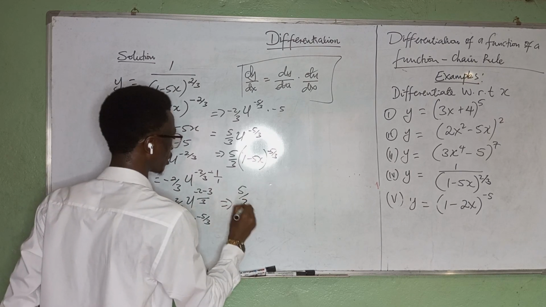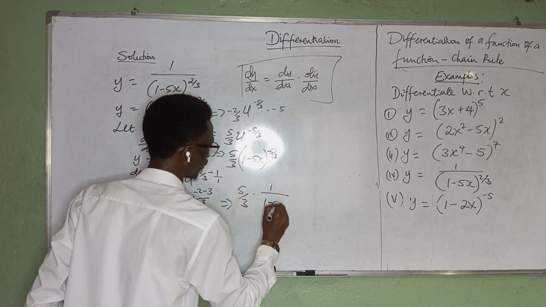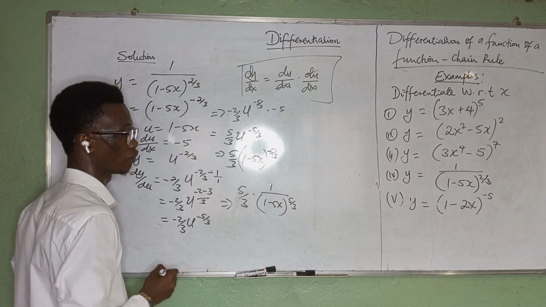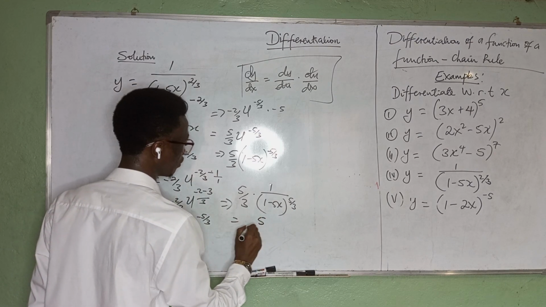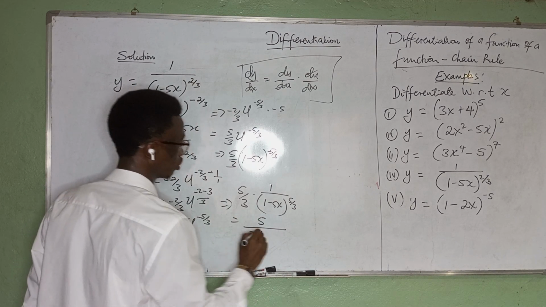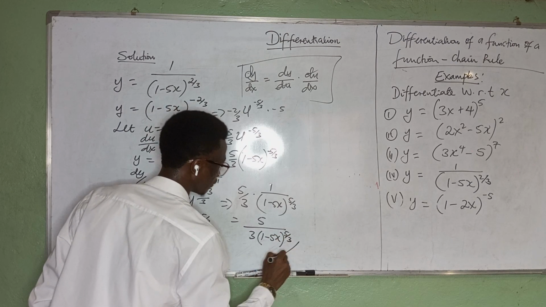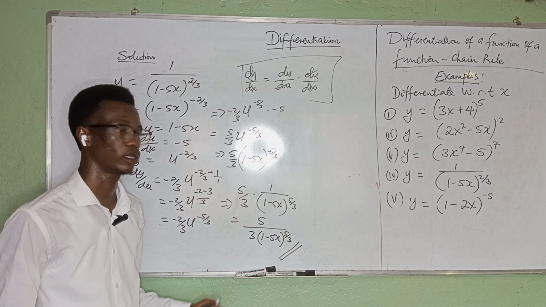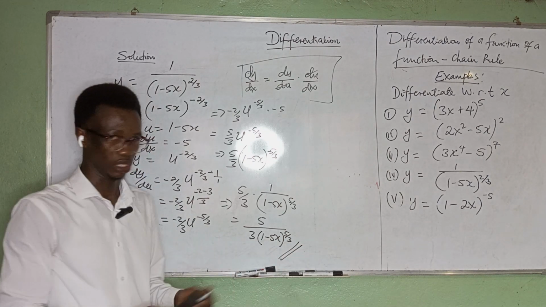So this is 5 over 3 multiplied by 1 upon (1 minus 5x) all raised to the power 5 over 3, positive now. So your final answer is going to be 5 at the numerator, then 3 into (1 minus 5x) all raised to the power 5 over 3 in the denominator. That is the answer. So this is the final question.